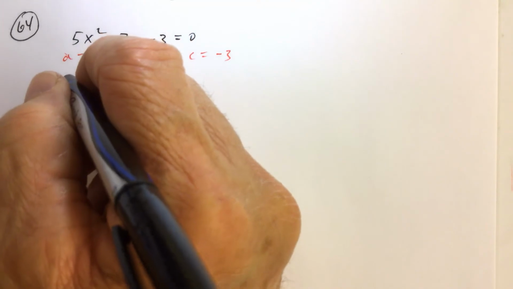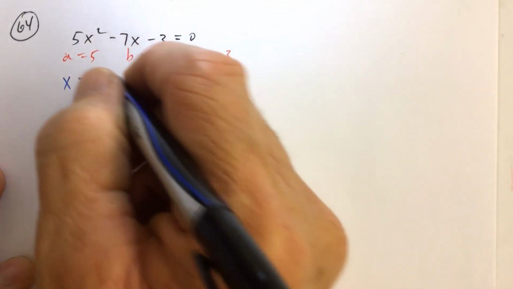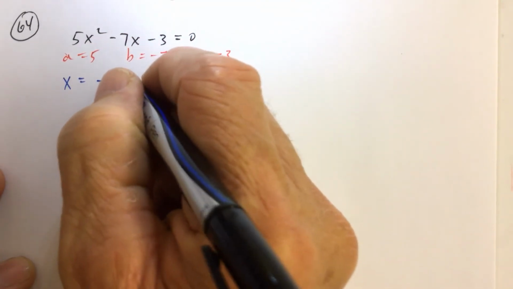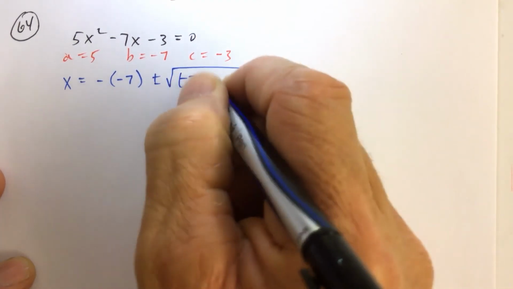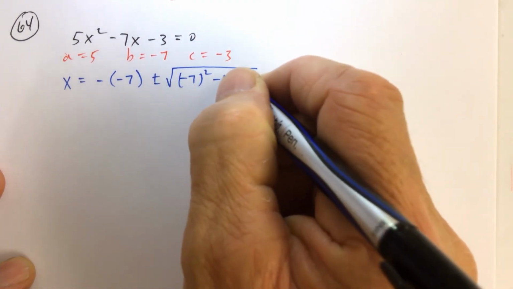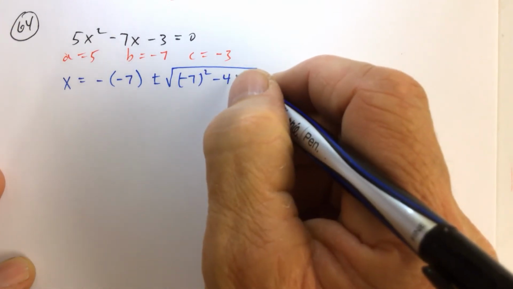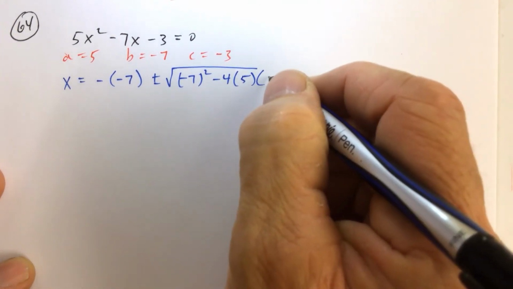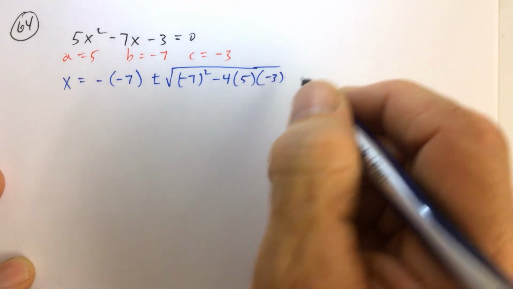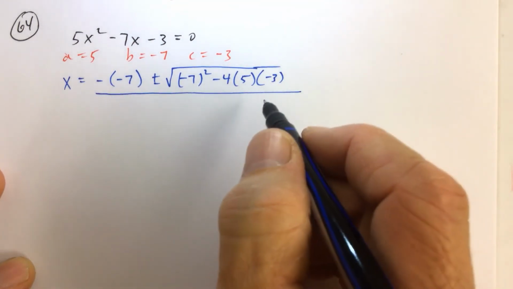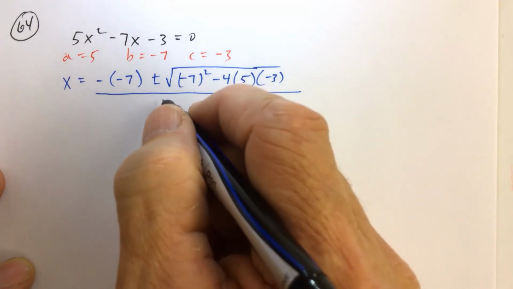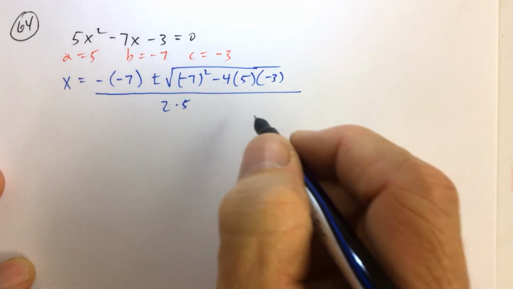I'm not going to write it again, but I'm going to say it. x equals negative b, b being negative 7, plus or minus the square root of b squared, negative 7 squared, minus 4 times a, which is 5, times c, which is negative 3, and then all over 2 times a, which is 5.